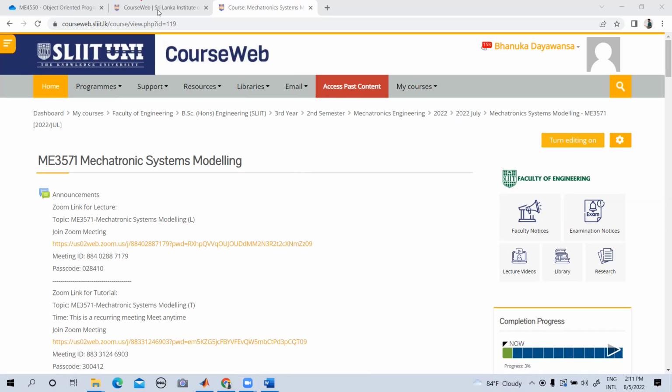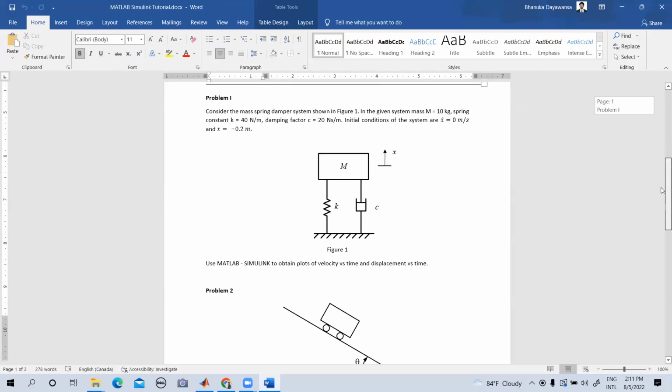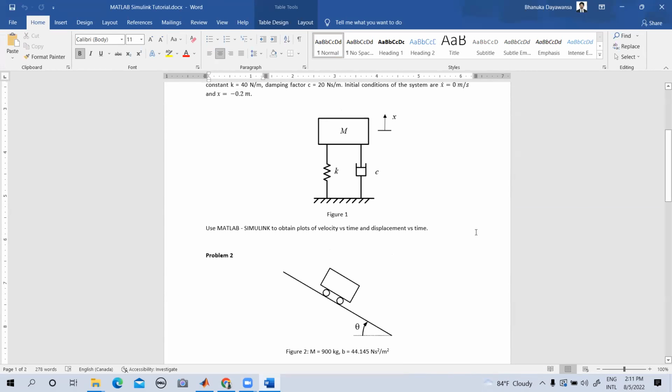If I look at the lab here, this you all have done, right? So I'm not going to waste time on this, but before we go to the quarter car model, we'll have to see how this is, because once you understand this, it's very easy to understand the quarter car.